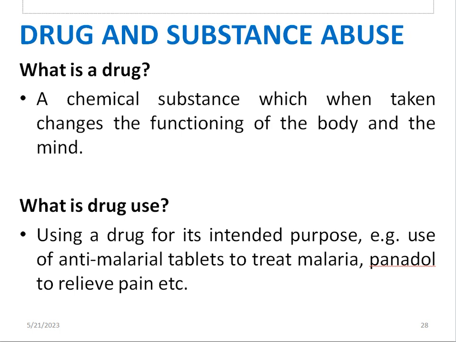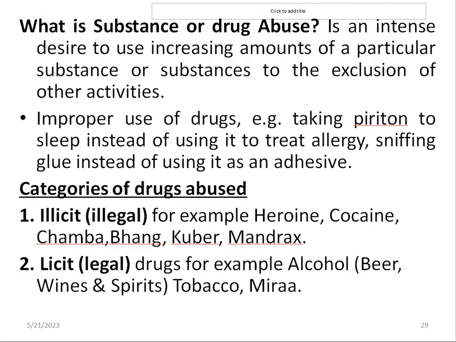For instance, if you are suffering from malaria, you take tablets to treat malaria. If you have some pain, you take paracetamol to treat that pain. So now, when we say substance or drug abuse, we are looking at the intense desire to use increasing amounts of a particular substance or substances to the exclusion of other activities.